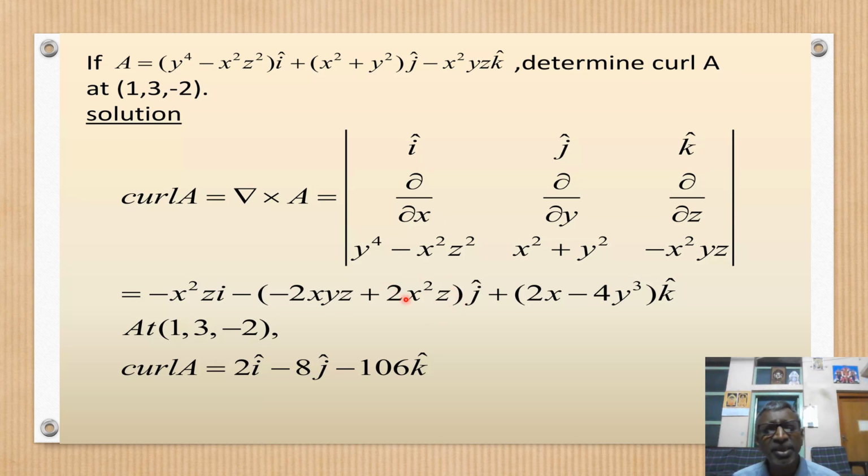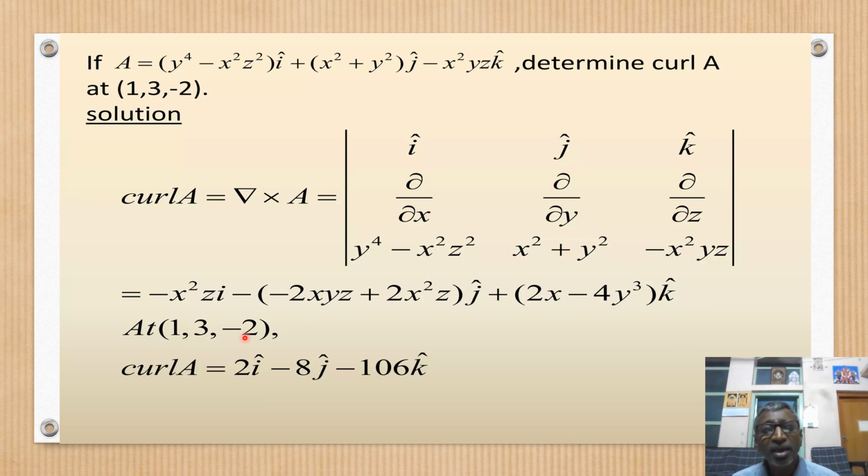So that simplifies to minus 2xyz minus 2x square z into j. Plus the last one, dou by dou x of x square plus y square, minus dou by dou y of y power 4 x square z square, that reduces to 2x when you differentiate with respect to x, and 4y cube with respect to y, into k.